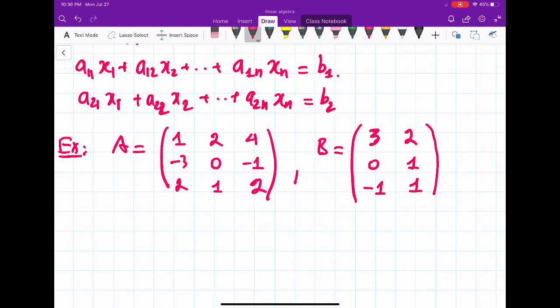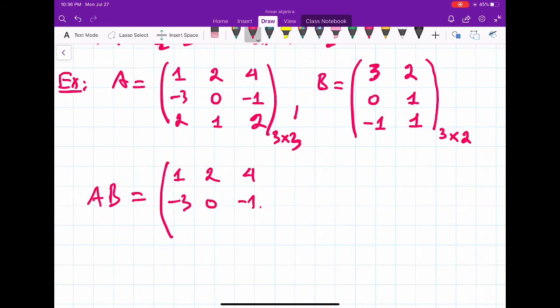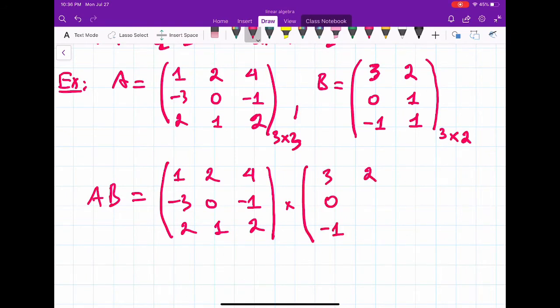And here you have 3 by 3, and here you have 3 by 2. You want to consider the matrix A times matrix B. Okay, I will write A being here equal to 1, 2, 4, negative 3, 0, negative 1, 2, 1, 2, okay? Multiply with 3, 0, negative 1, 2, 1, and 1.